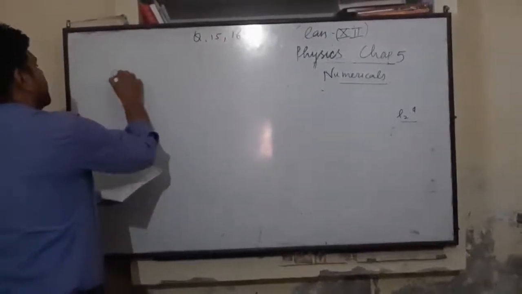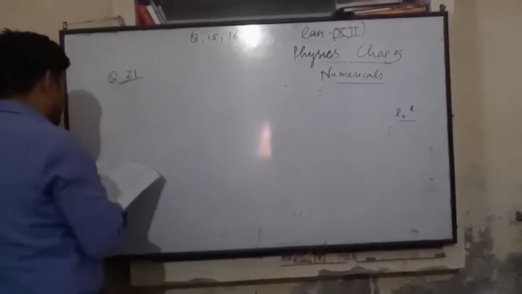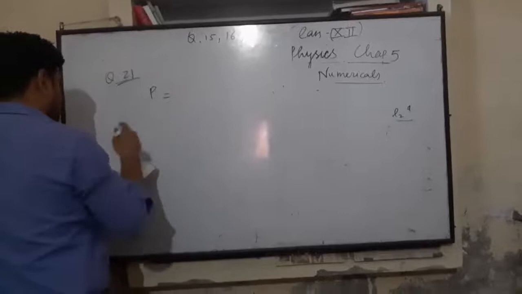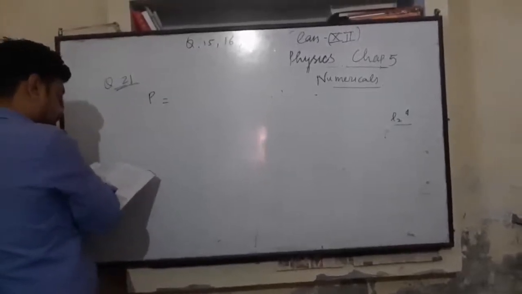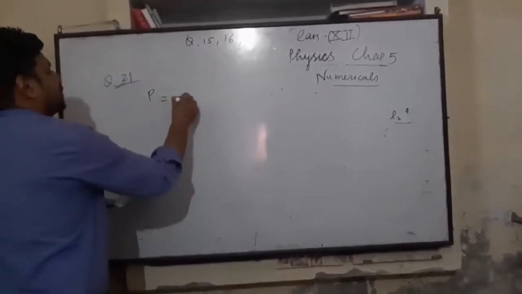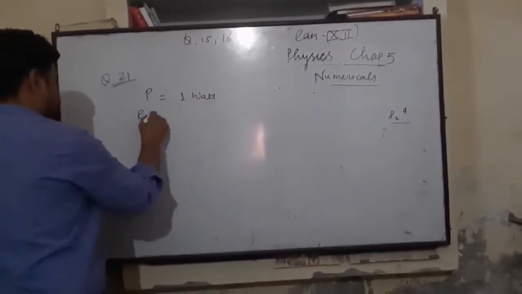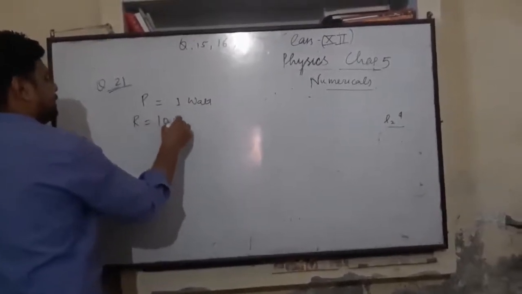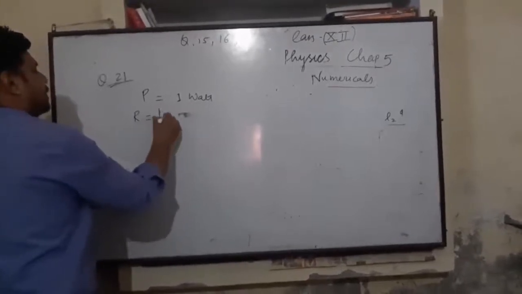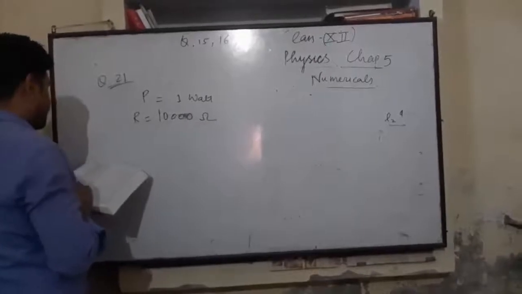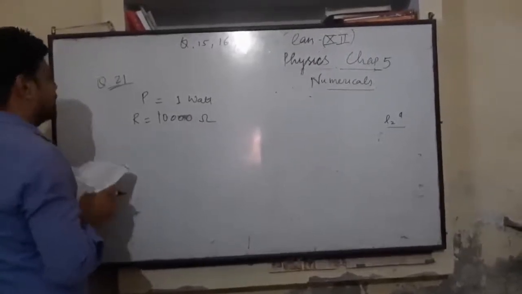Now question number 21. The maximum power dissipated in a 10,000 ohm resistor is 1 watt. Maximum power is 1 watt and R is 10,000. We have to find the maximum current.